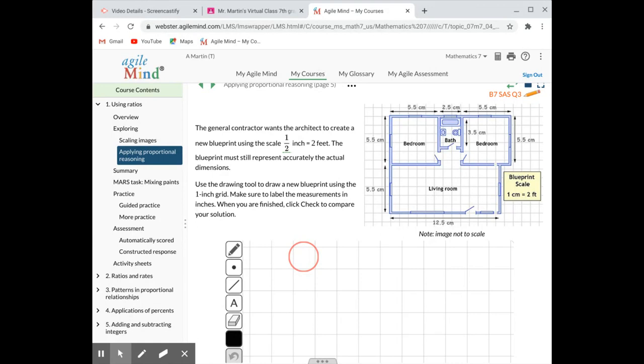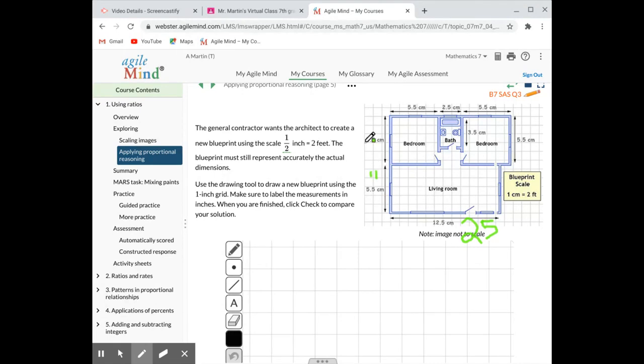All right. So what we need to do is first figure out what they are. So we did this earlier. We said that 12.5 was what? How many feet? 25. Good. And we said that the 5.5 centimeters was what? 11 feet. Good.